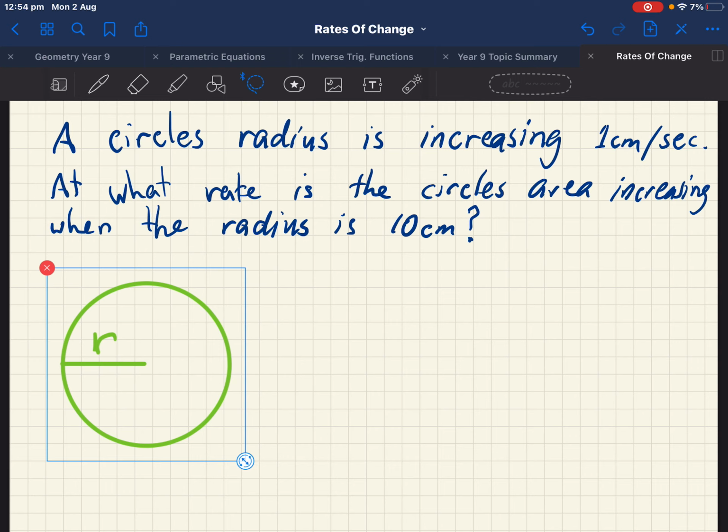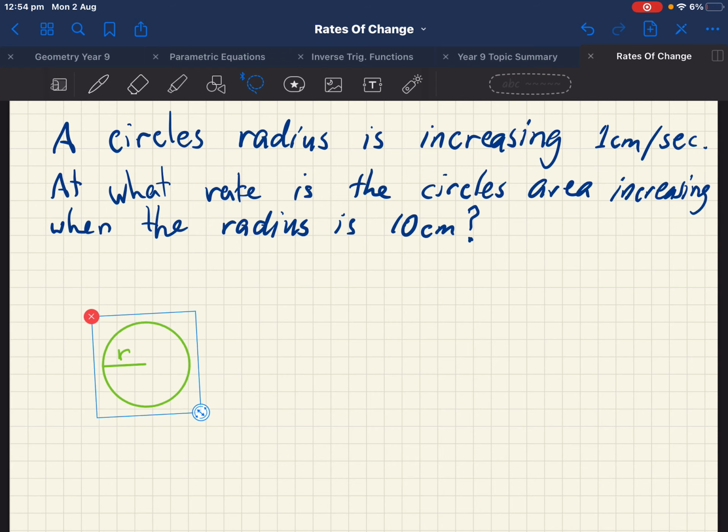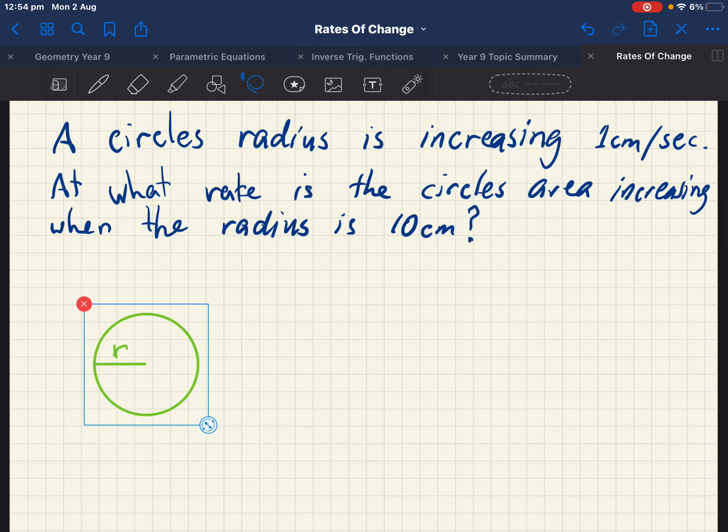What you'll probably notice from a common sense perspective is when the circle's very small, as it's increasing here, the area is getting larger, but quite slowly.